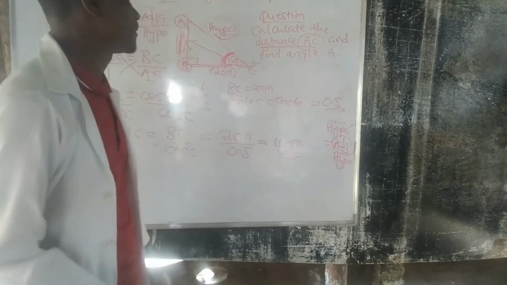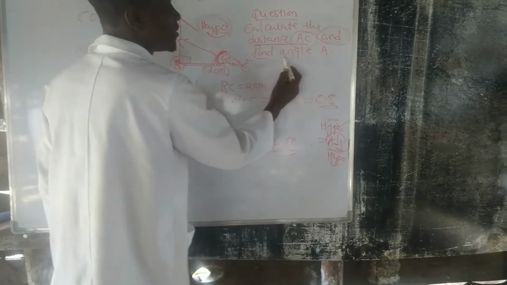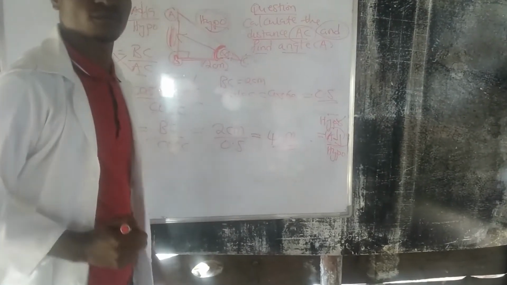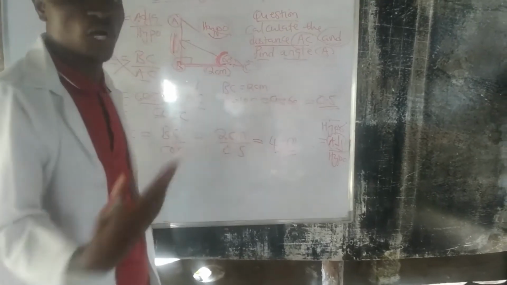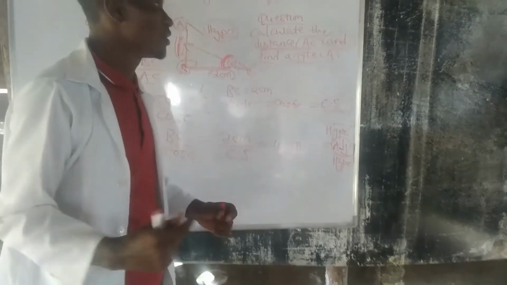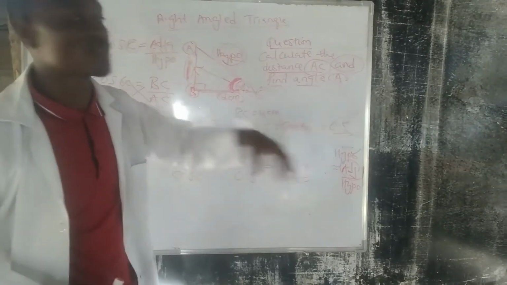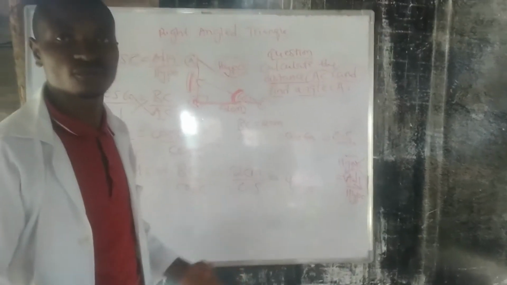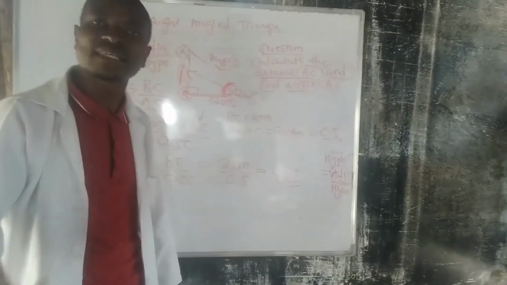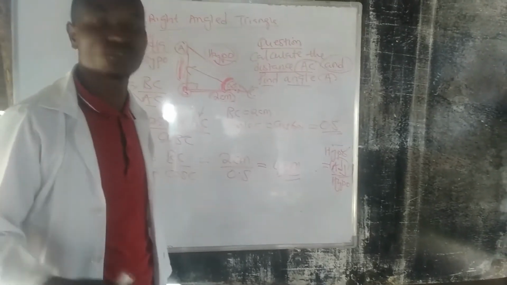And then finally, the question is saying, and find angle A. So that's simple because finding angle A does not require you to use the trigonometrical formulas, or rather the ratios. But all you have to do is just use a simple idea that we all know we used to solve in the past.